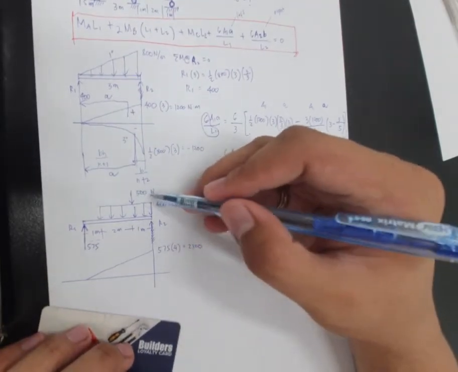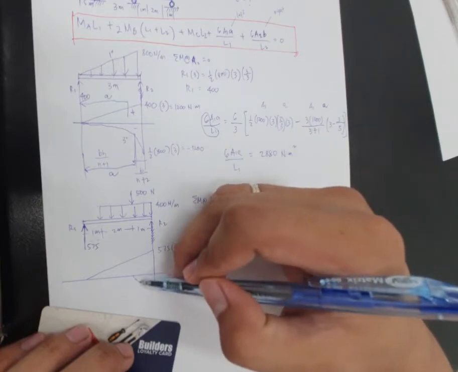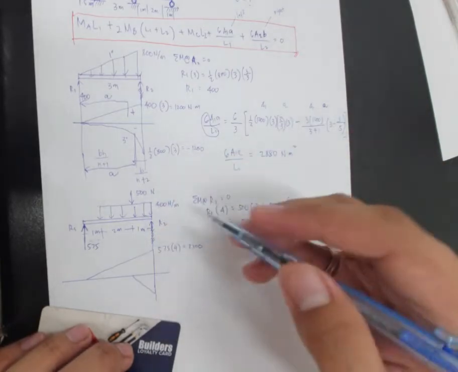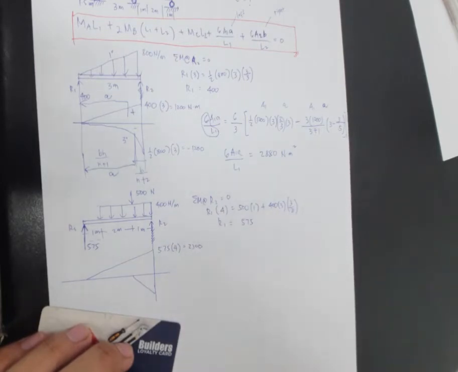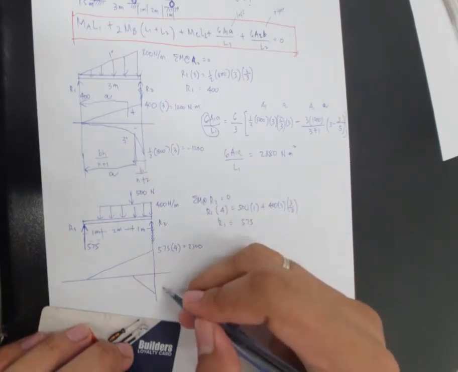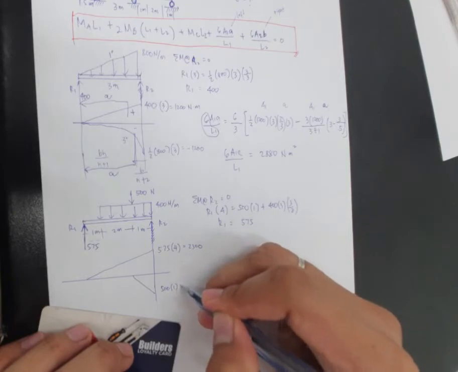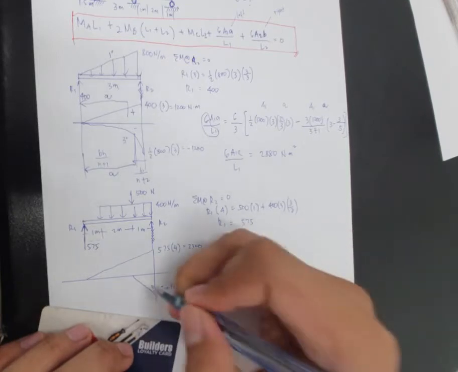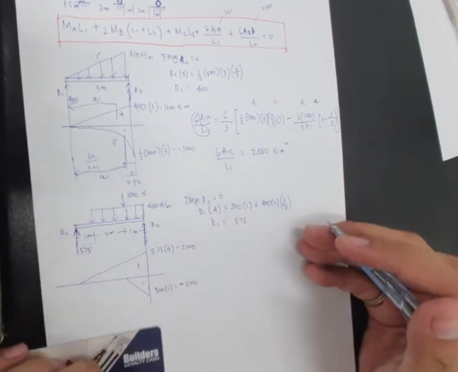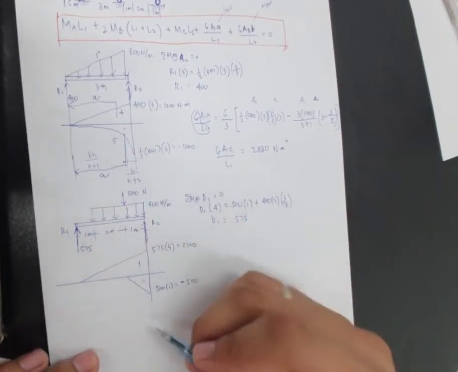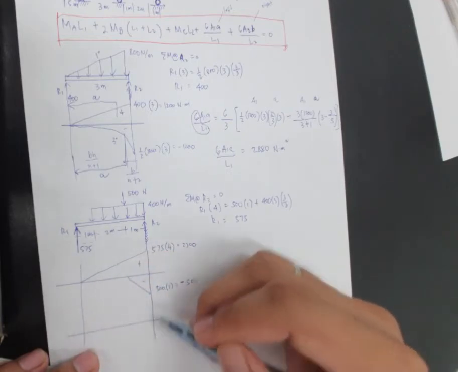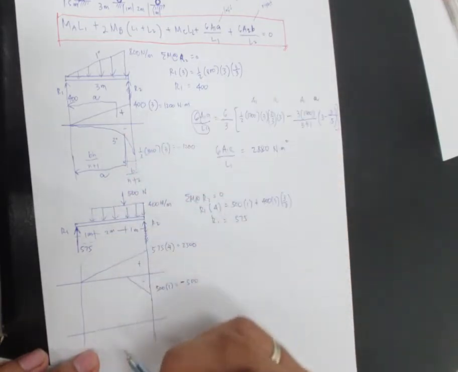This one is negative concentrated load, that is negative triangular, which is 500 times 1. Negative and positive. So kung may lain, you have the uniformly distributed, which is downward, still negative.